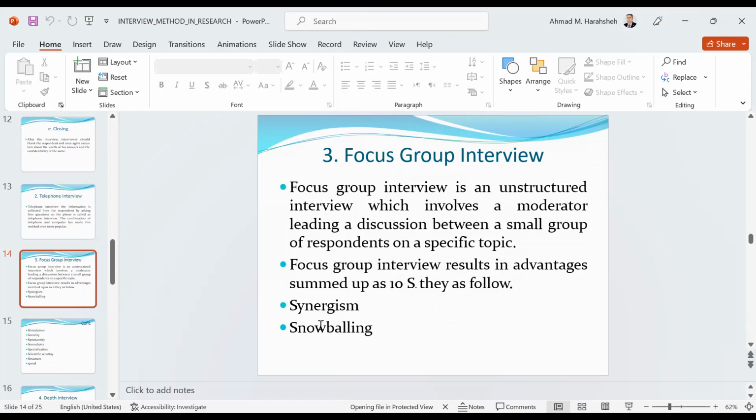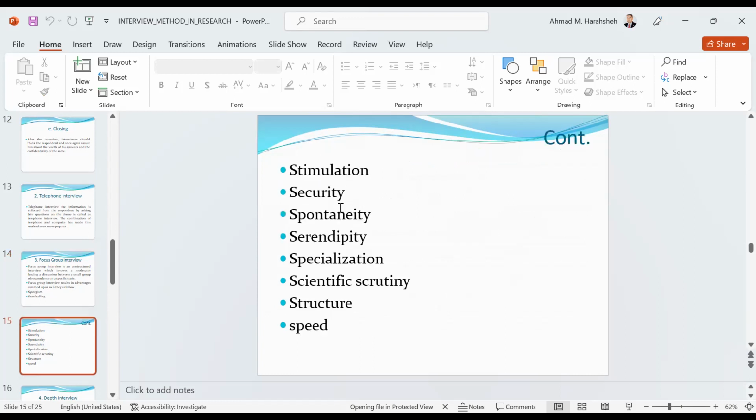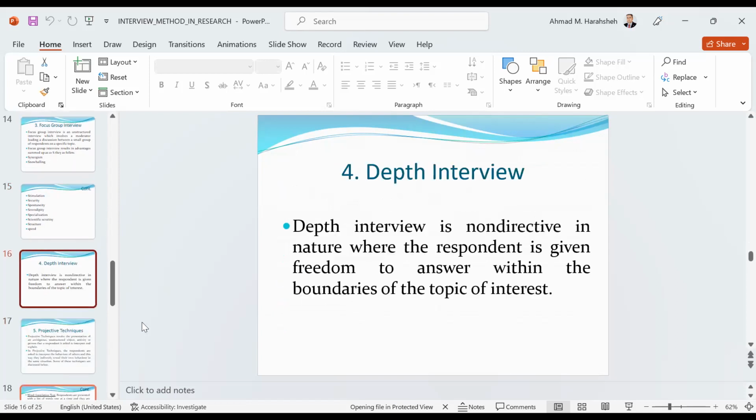They are, يعني, followed. بسموها synergism, snowballing, stimulation, security, spontaneity, serendipity, specialization, structure, speed, scientific synchronity, etc. يعني the focus is to collect as much information as you can by conducting a discussion or a group of discussion among a group of respondents.